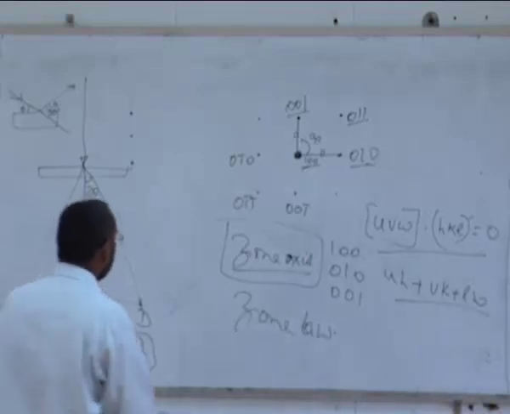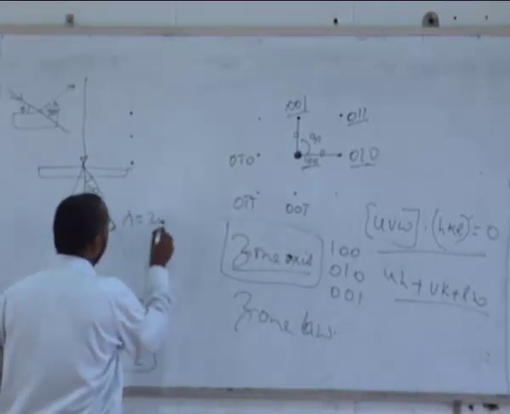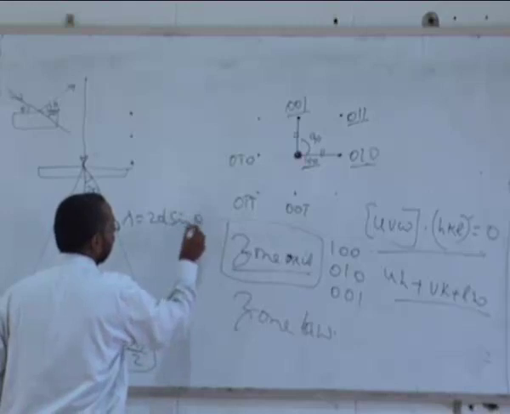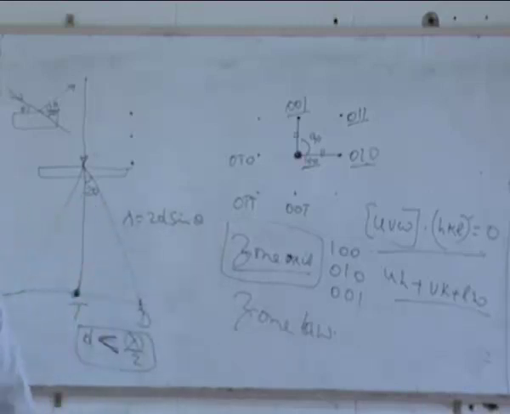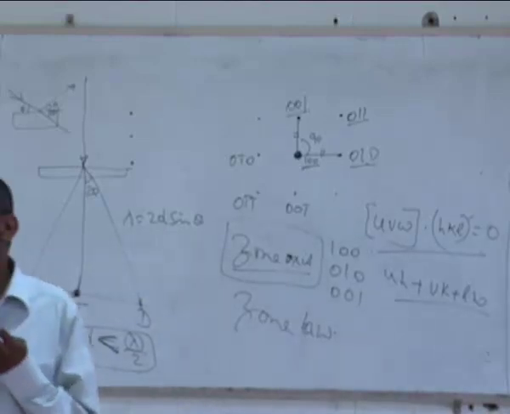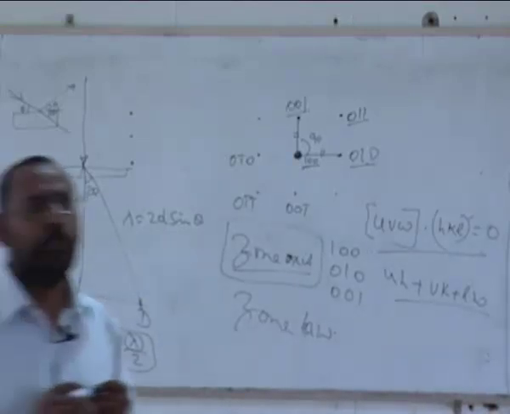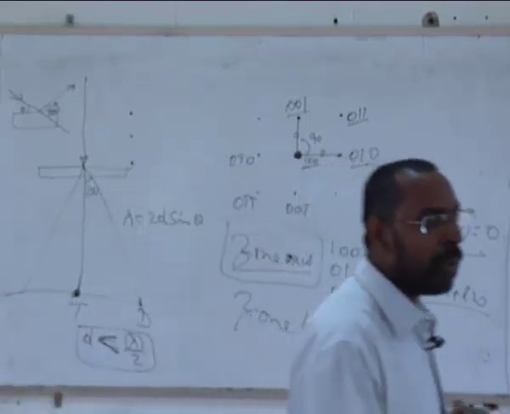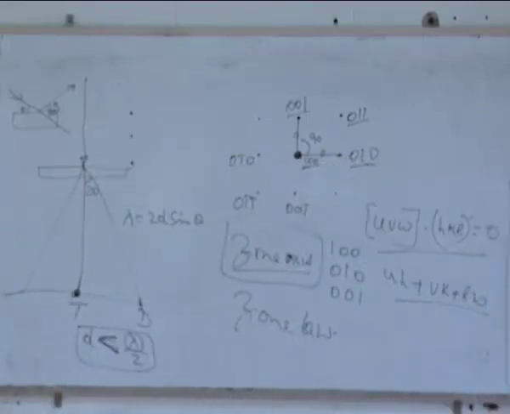If you again use your lambda equal to 2d sin theta, the first peak means the smallest theta, right? The smallest theta will always basically mean, in terms of d, is it the smallest d? It will be the largest d, right?